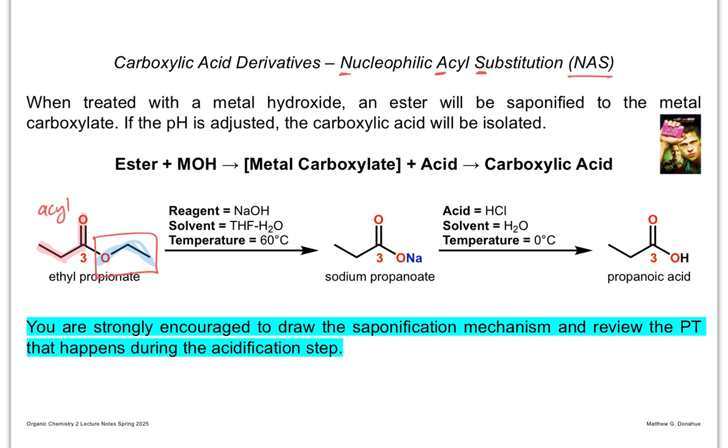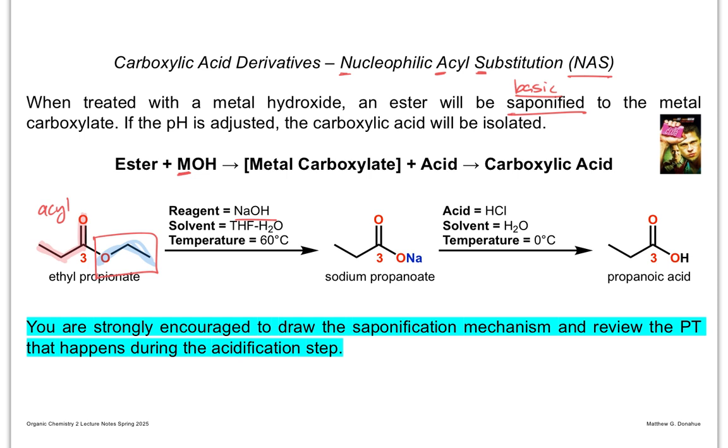So starting with an ester and then a metal hydroxide, say sodium hydroxide. You can use any of the group 1 hydroxides: lithium, sodium, potassium. That will do a reaction called saponification. Due to the reagents, it's a basic medium.